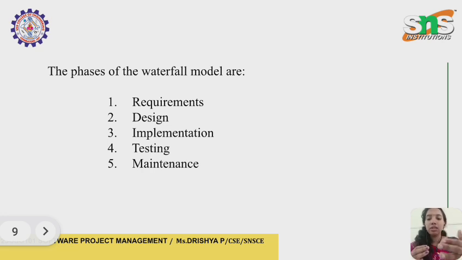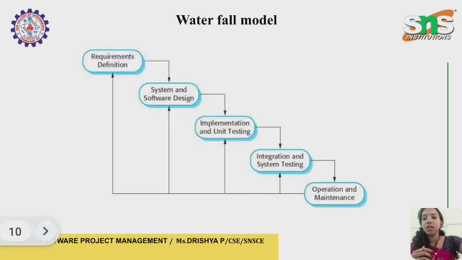After releasing the product to the customer, the customer may understand there are some bugs or errors. That goes to the next stage, the maintenance stage. In this stage, we find out the errors and bugs of the product given to the customer.